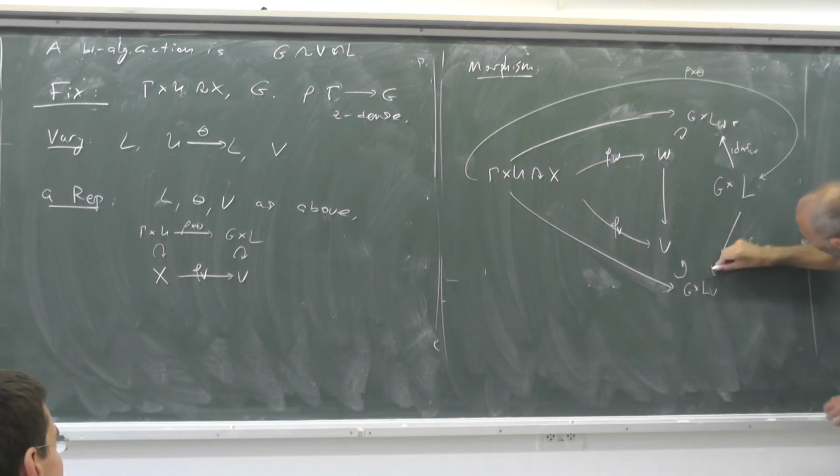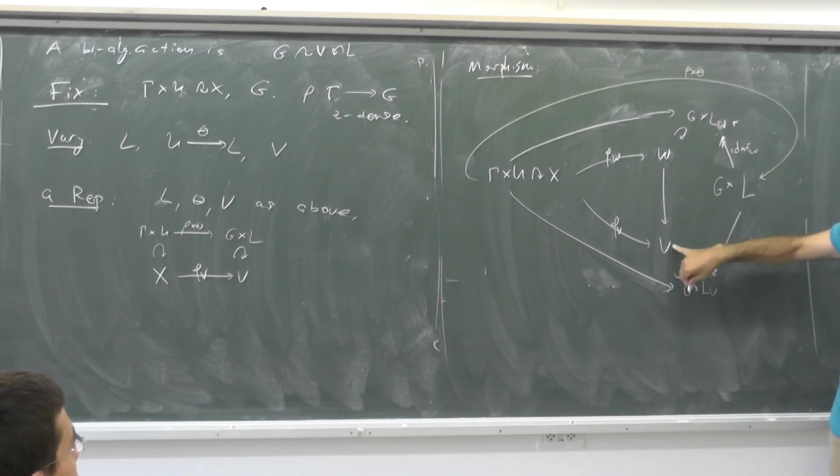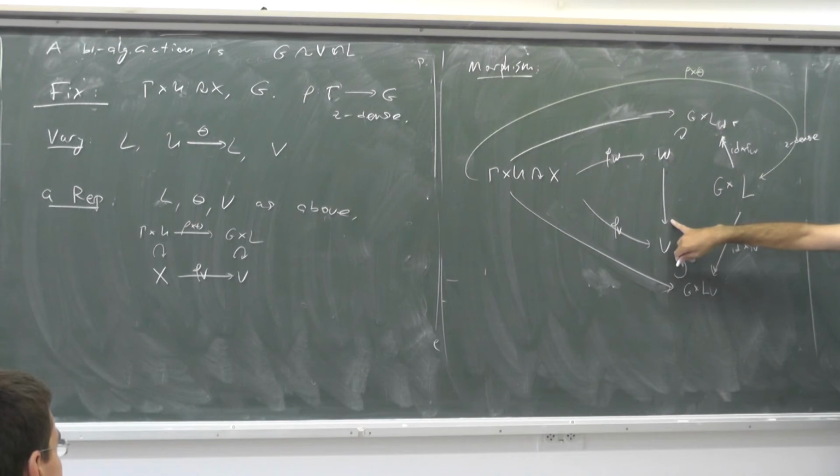So once they have a common father, the group L that is mapped onto this and onto that, then it does act on W and V, and this is a homomorphism. It does act on W and V, and I can ask this map to be not only G equivariant but also L equivariant. So this is what I'm asking: the existence of such a map.